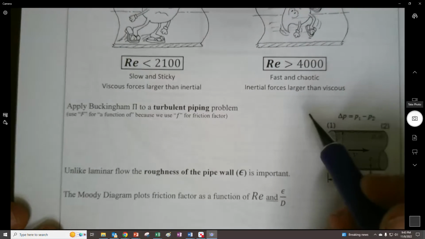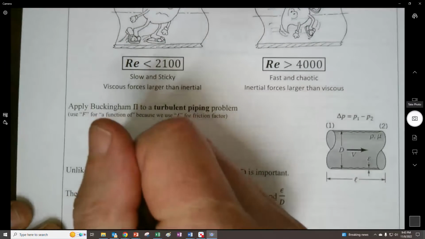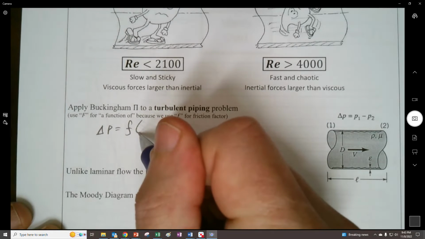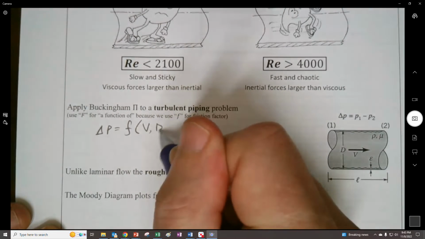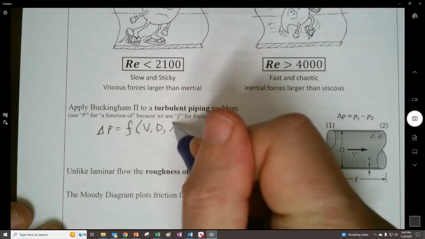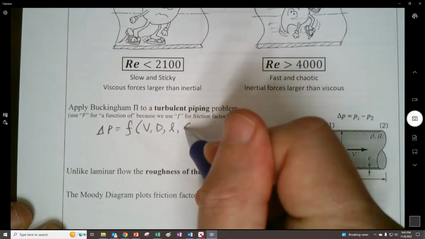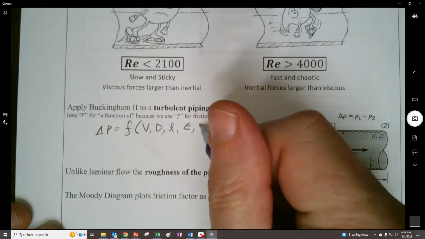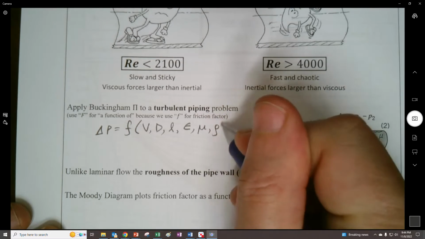We start out and say that the pressure is a function of the velocity, the density, the length of the pipe, the roughness of the pipe, and the viscosity of the fluid and the density of the fluid.